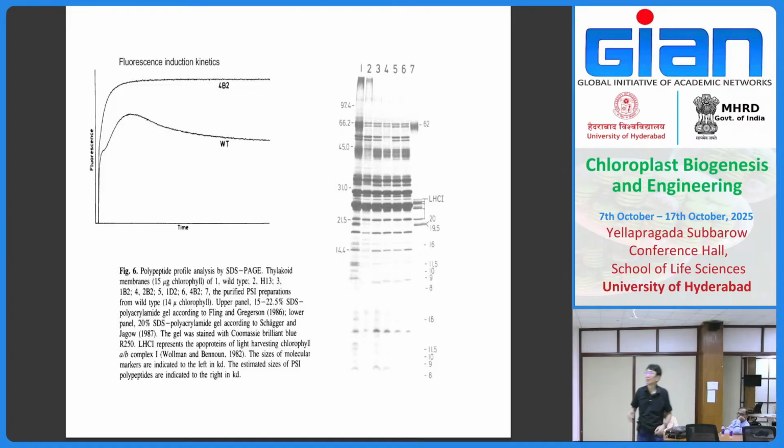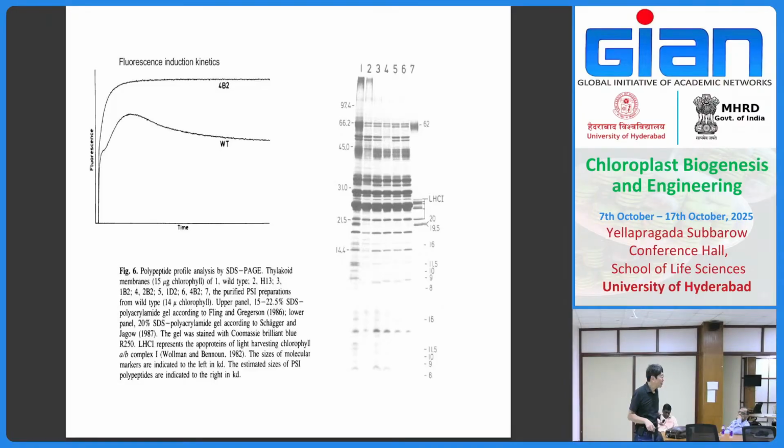So in the absence of PS1, this kinetics is totally absent. But in the presence of PS1, there's some balance. The energy distribution, or the balance of the distribution of electrons, between the PS2 and the PS1.